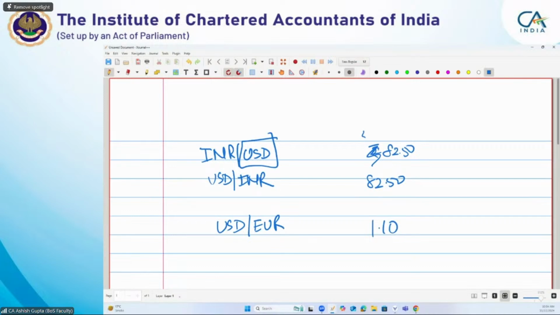But sometimes in some books they consider the first currency as the base currency, and then doubt arises in the minds of students about which to consider as the base currency. In this case, since euro and USD are nearby currencies and you are not supposed to judge which is more expensive, you can consider either way, it's not an issue.